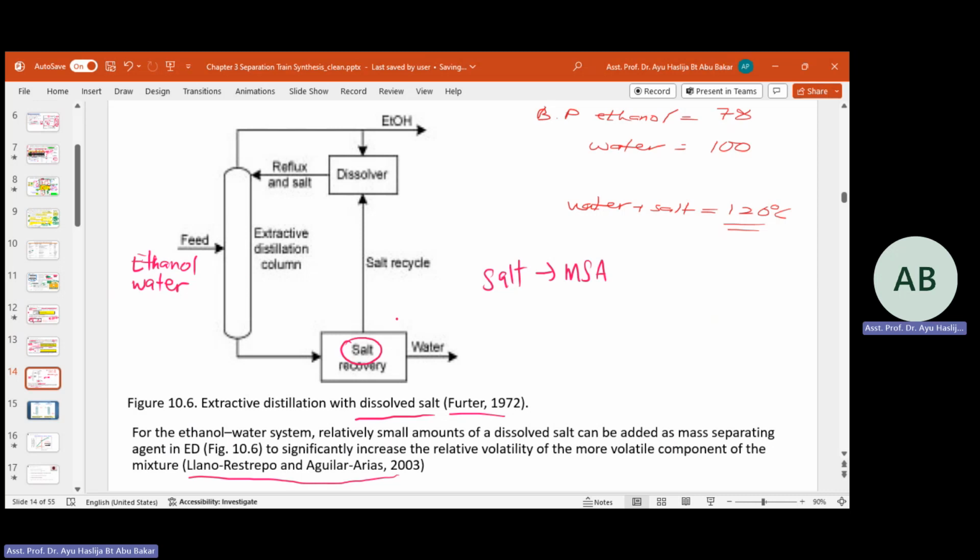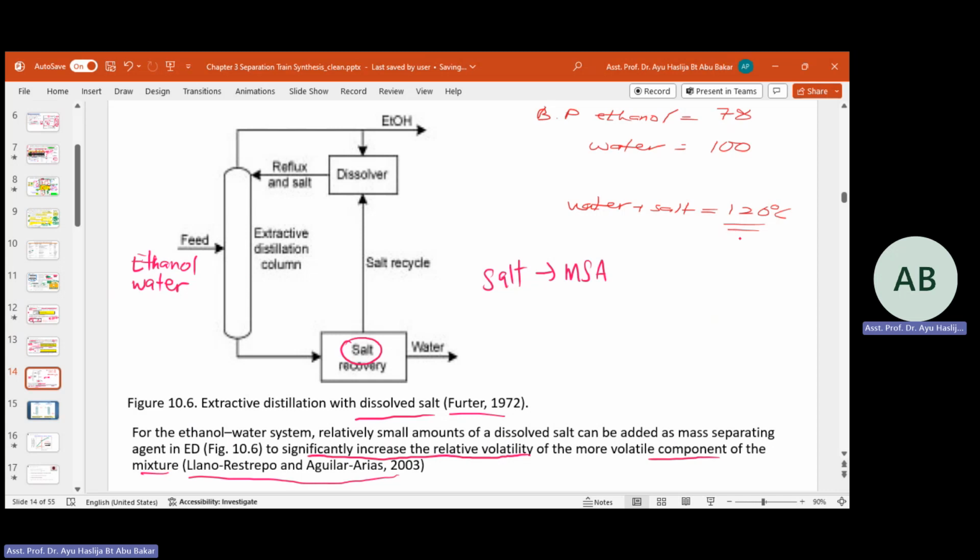How it works? It will increase the relative volatility of the more volatile component in the mixture. When salt is added to water, the boiling point will increase, right?